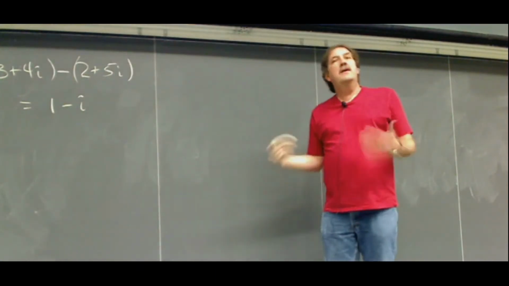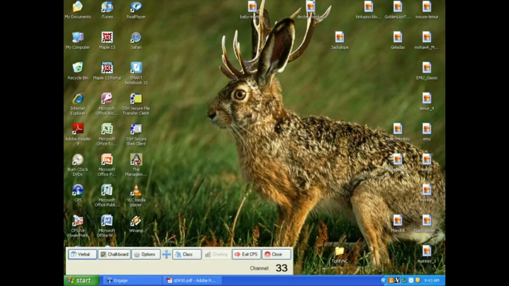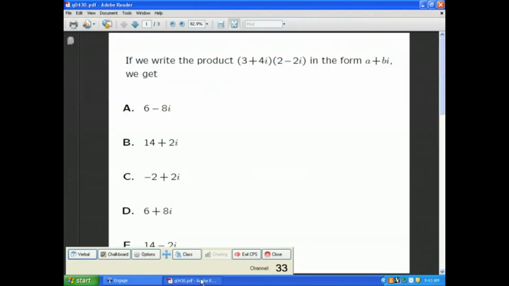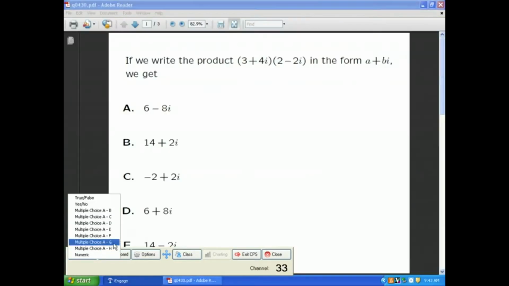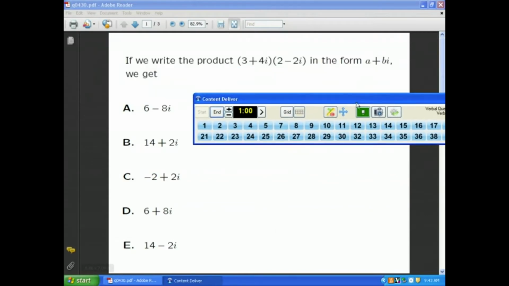And if I multiply them together, I multiply them in the ordinary way, and then I simplify. So since I have a clicker question on multiplying, why don't I ask it? If I multiply together 3 plus 4i times 2 minus 2i, I should get one of these numbers, unless I couldn't do arithmetic this morning.